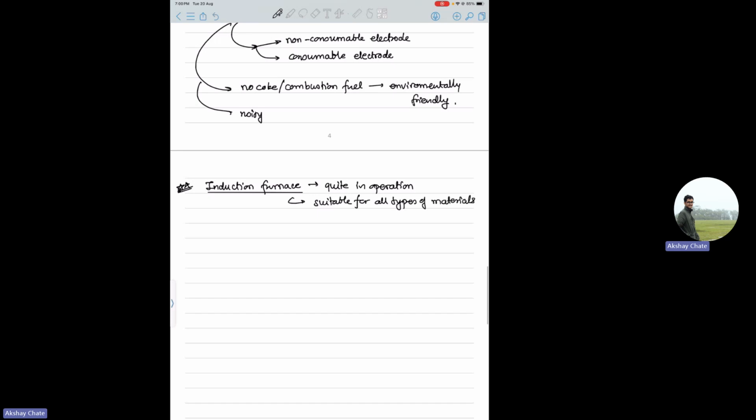Okay, so it doesn't matter if it's steel or iron or whatever it is. They are quite versatile in operation. And there is no contamination. It's a property of electrical furnaces that there won't be any contamination to the charge, because there is no combustion happening inside.